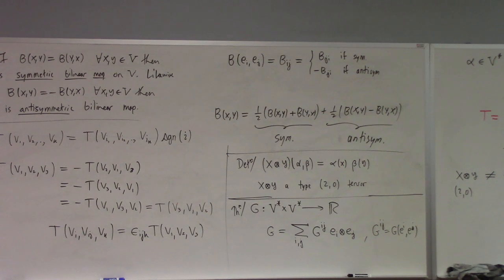For the given 4 things, alpha, beta, x, and y, looking at x tensor y acting on alpha, beta versus alpha tensor beta acting on x, y, we're going to get the same result. That's true. They are equal.